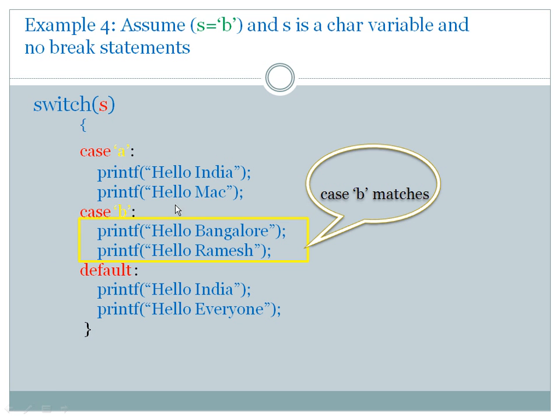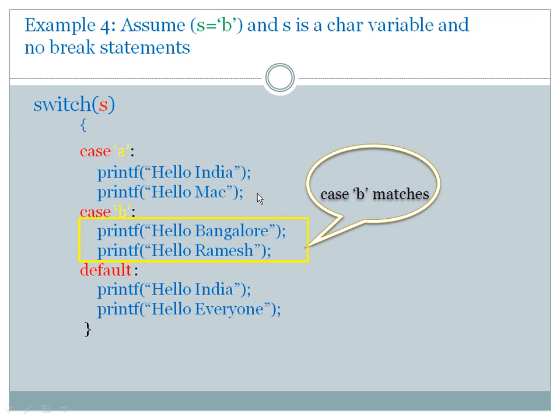Now S has B, so the two statements, hello Bangalore, hello Ramesh, got executed. Along with that, hello India, hello everyone also got executed. Whenever there is no break statement, all the statements below the matching case will be executed. If we have S is equal to A and there are no break statements, hello Karnataka, hello Mac, hello Bangalore, hello Ramesh, hello India, hello everyone, everything will be printed.